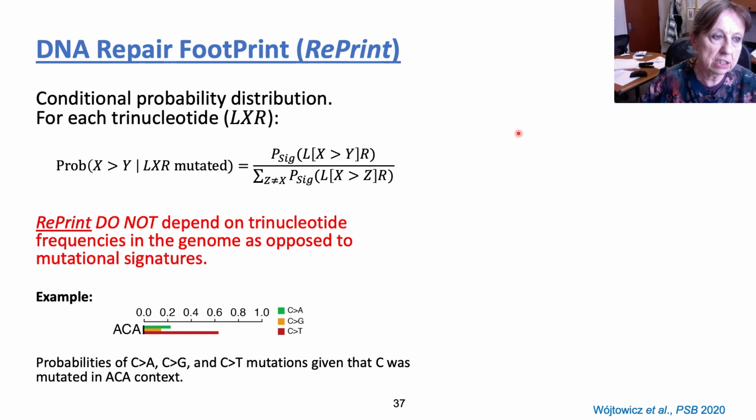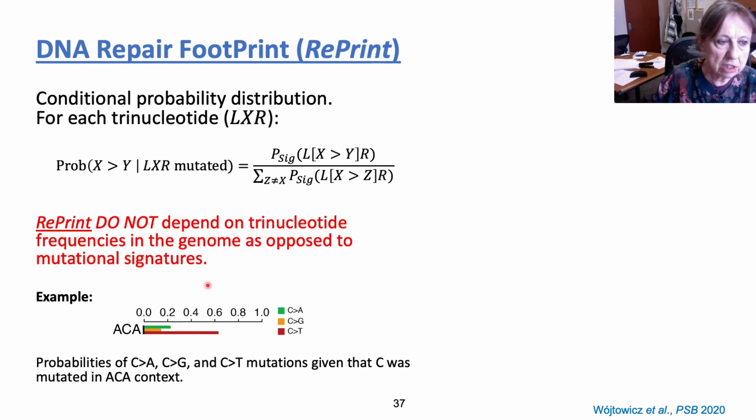A reprint is actually a conditional probability distribution, where for each triple with left and right flanking residues, and under the assumption that mutation happened on the middle position, we compute the conditional probability of this particular nucleotide being mutated in all possible ways, under the assumption that a mutation indeed happened.